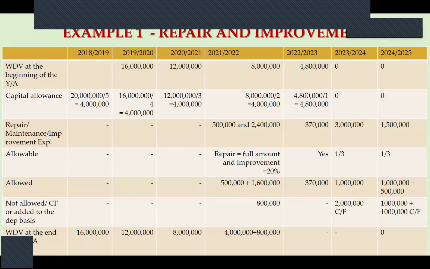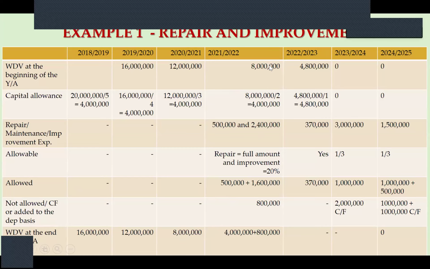So up to that year of assessment, we have to calculate the previous written down value. During the year of assessment 21-22, they incurred expenditure for repair and improvement. For the restriction of that repair improvement value, we should have the previous year's written down value. That is why we calculated it up to the 2021 period.